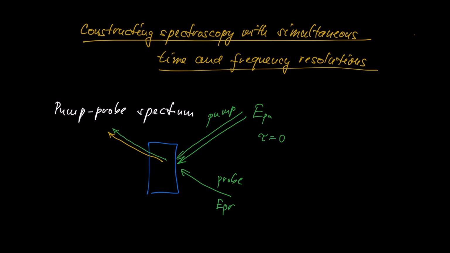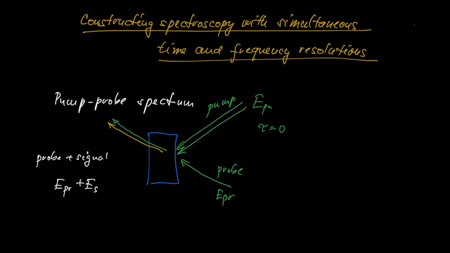So the probe plus the signal leave the sample, and by their interference we get apparently a decrease of the amplitude or decrease of intensity of the probe pulse.